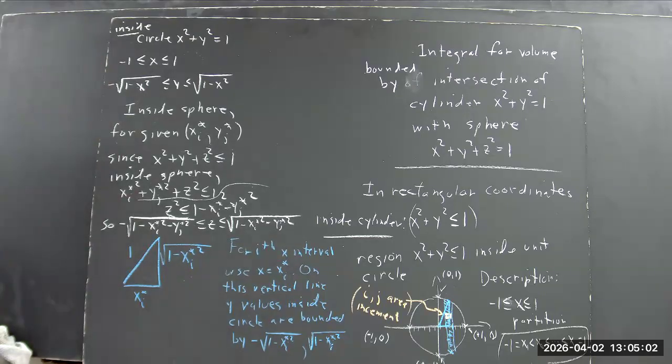So we have our description of the intersection of the sphere and the cylinder.